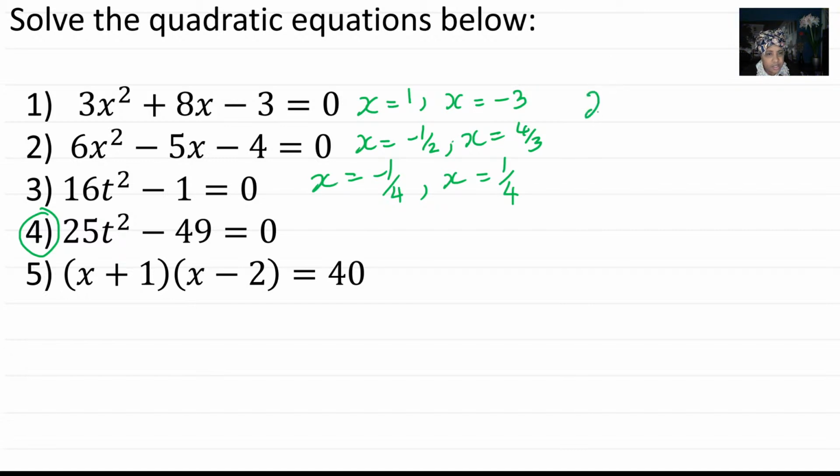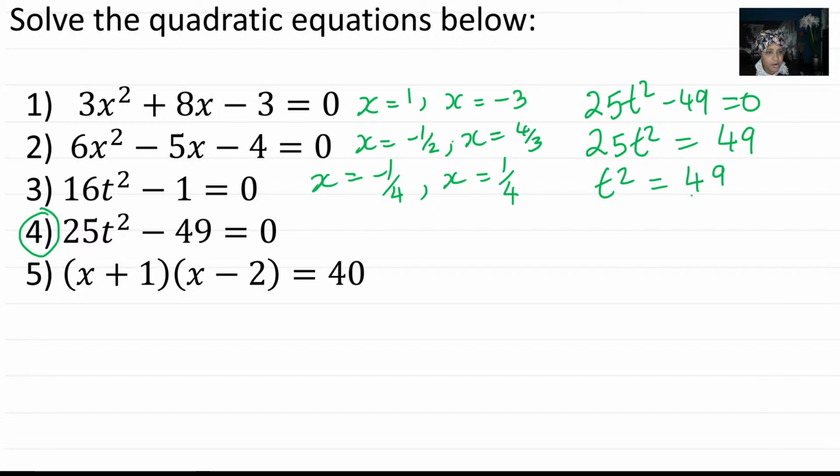We have 25t squared minus 49 equal to 0. So we can do 25t squared equals 49. Divide by 25 both sides, then we have t squared is equal to 49 over 25, and then t is going to be the square root.